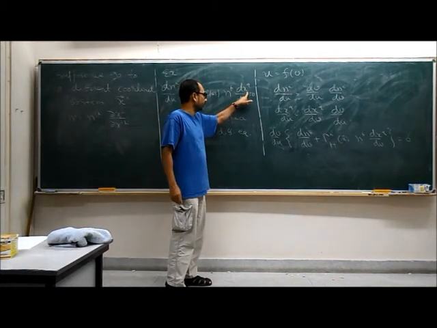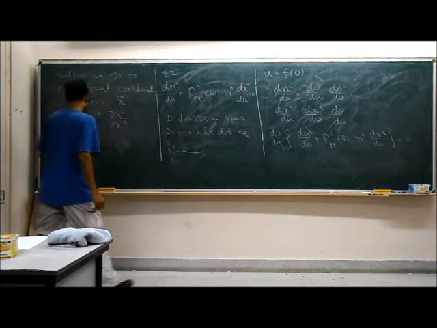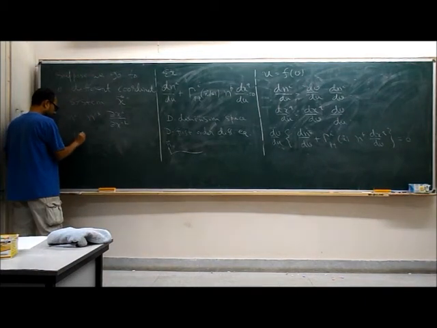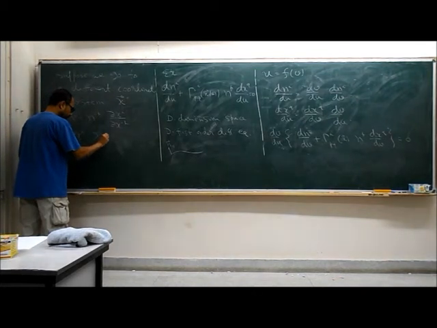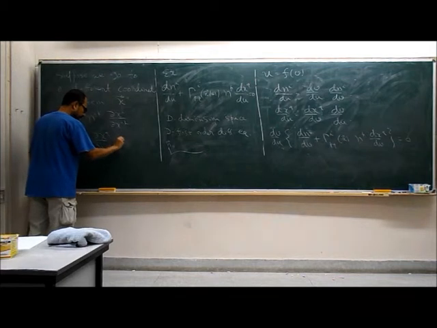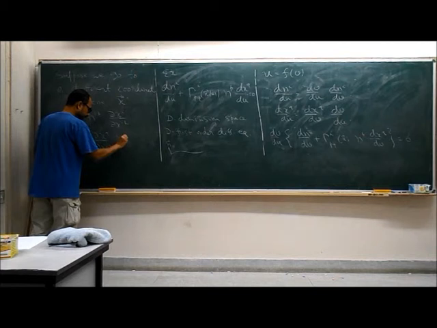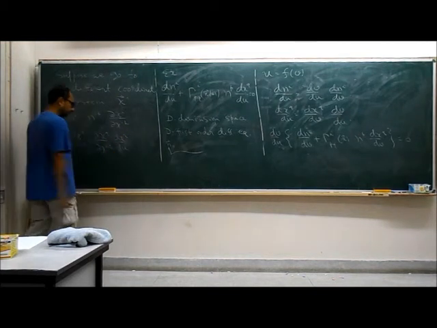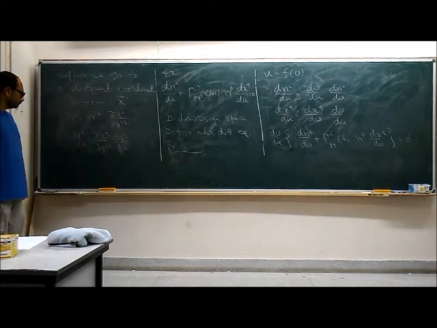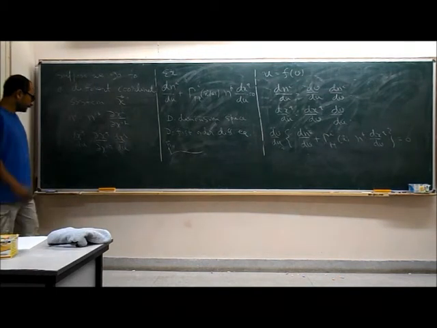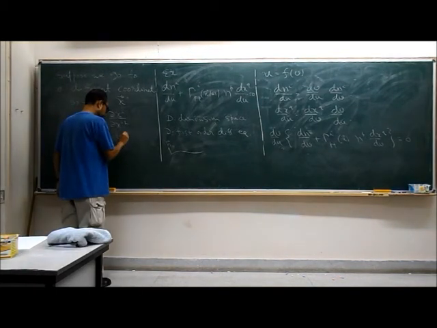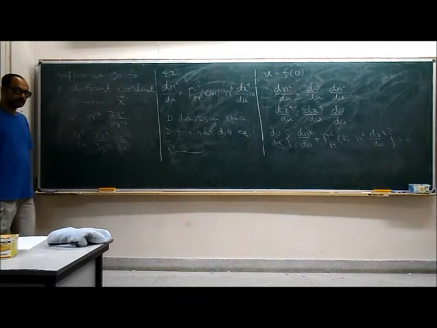And of course dx^q/du is del x^q over del x double prime^p times dx double prime^p/du. So that's the claim.